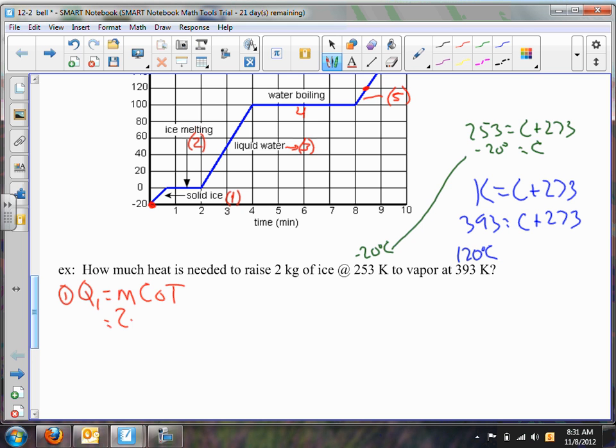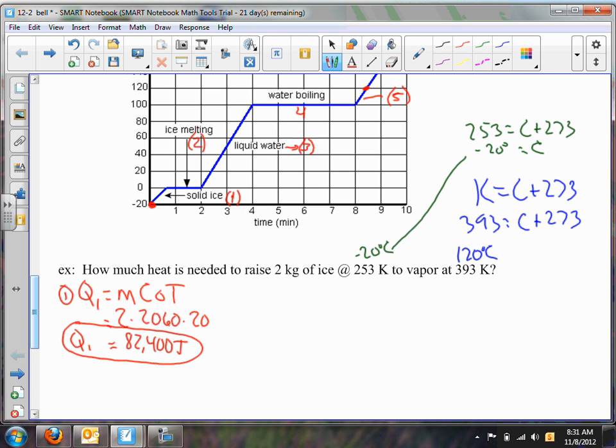If you look up the specific heat of ice, you find it's only 2060. And the temperature change goes from negative 20 up to 0, so it changes by 20 degrees Celsius. So our Q1, 2 times 2060 times 20, gives me 82,400 joules. And that is simply the amount of heat needed to go from negative 20 up to 0.